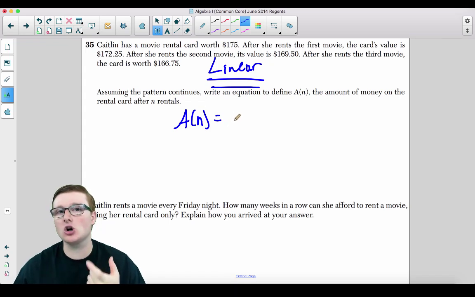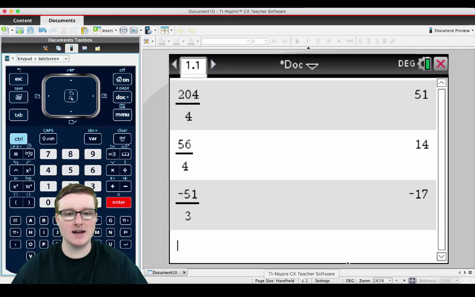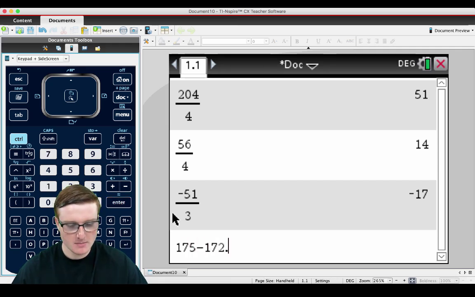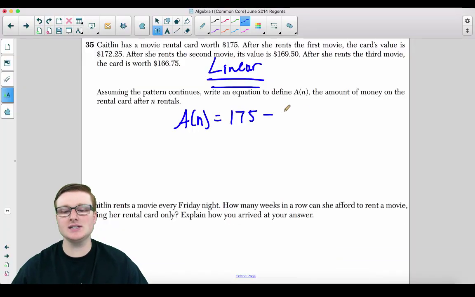How much do you have on that card to start with? Well, it's $175, minus, well, how much is it decreasing by? 175 minus 172.25 gives you $2.75. So it's decreasing each time by $2.75 times the number of rentals.